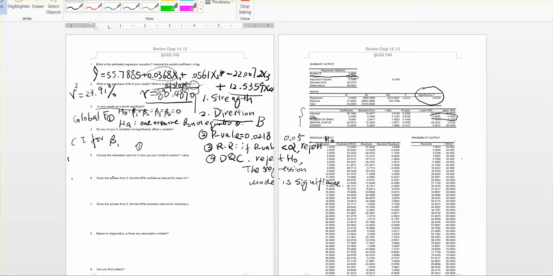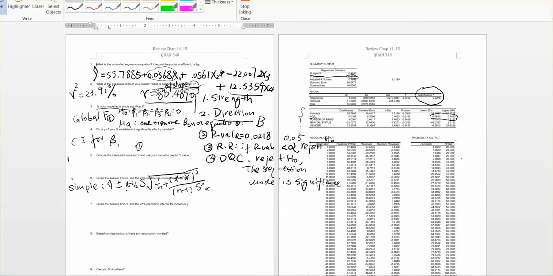So for this question, you first need to know whether we are looking at the simple or multiple regression model. If it is a simple linear regression model, the formula we will use is y hat plus minus the t statistic times the standard error times the square root of 1 over n plus (x minus x bar) squared, where the x will be given from the question itself, divided by n minus 1 times the sample variance of x.